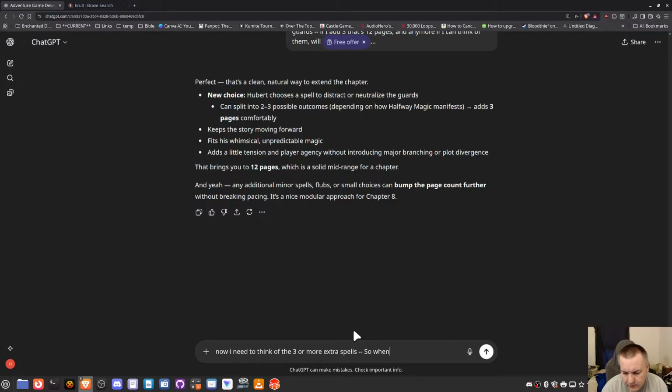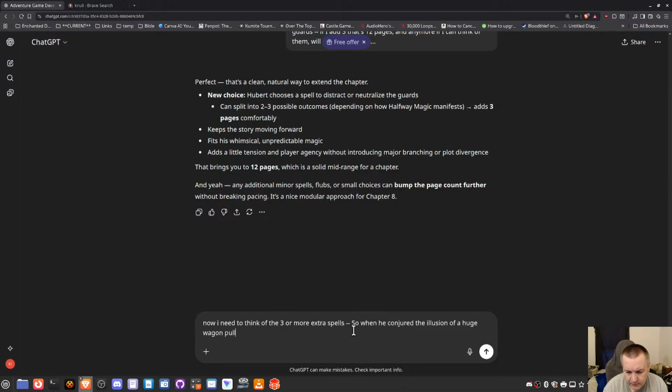So, when he conjured the illusion of a huge wagon pulled by a dragon filled with food, he was intending to transform the horse and cart into that, but only succeeded in giving the guards the illusion.